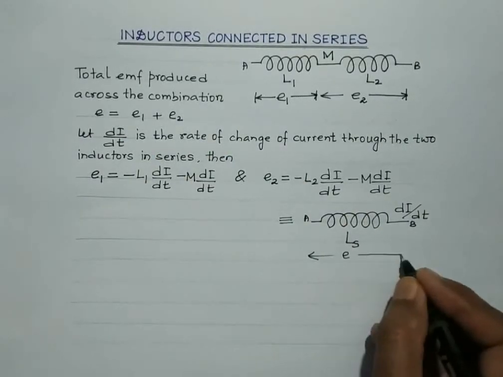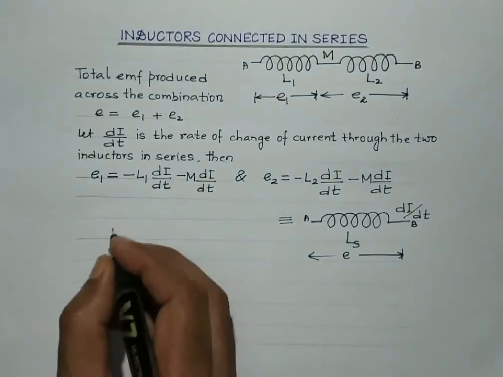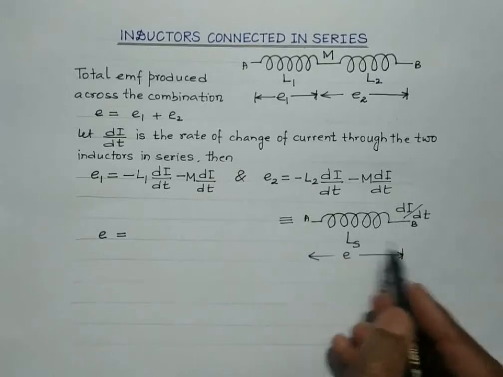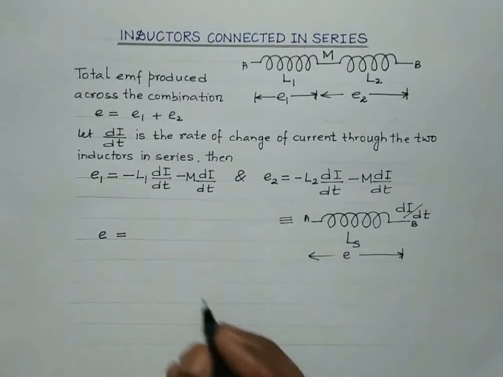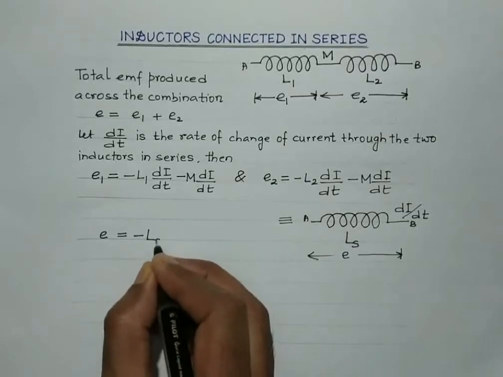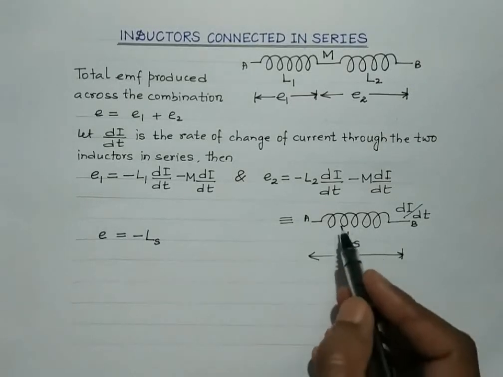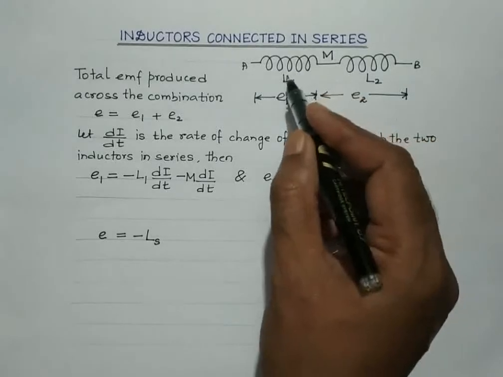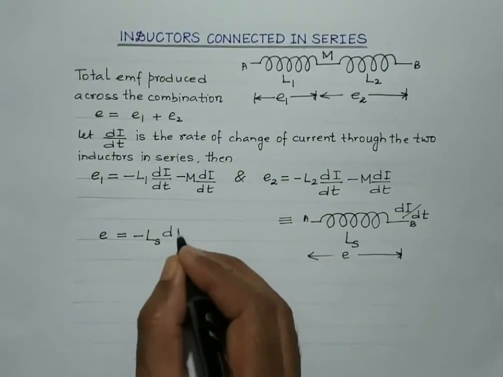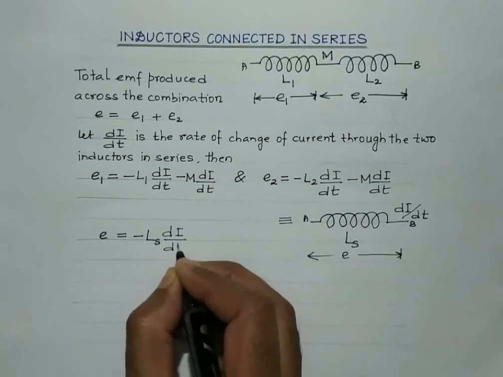So E, which is the net EMF induced across the resultant, would be given by minus Ls, where Ls is the resultant inductance of the series combination of these two inductors, right? And rate of change of current is di by dt.